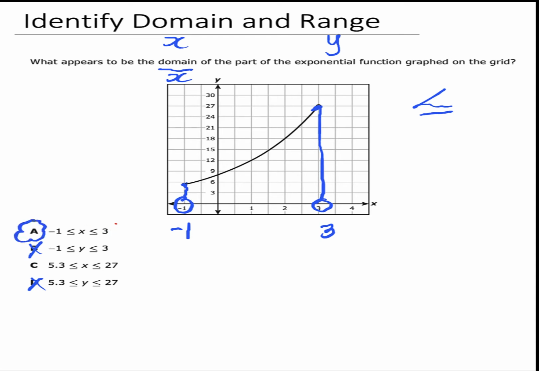In mathematics, this is read, x is greater than or equal to -1, but is less than or equal to 3. So your answer is between -1 and 3. It has to be greater than or equal to -1. However, it has to be less than or equal to 3.